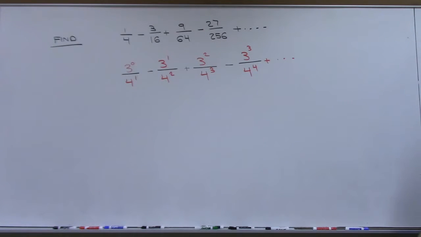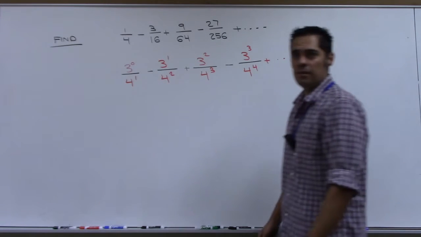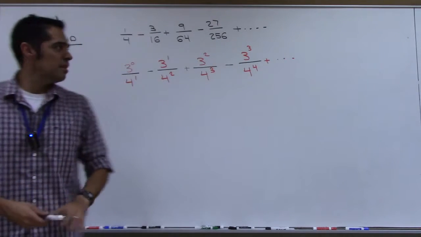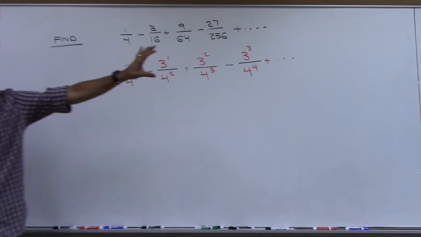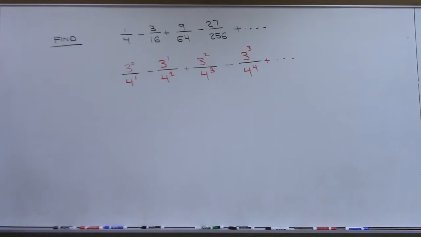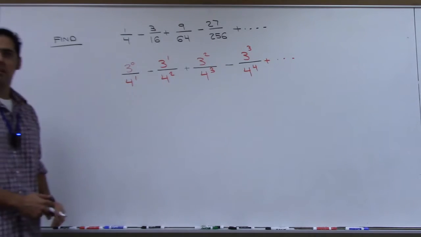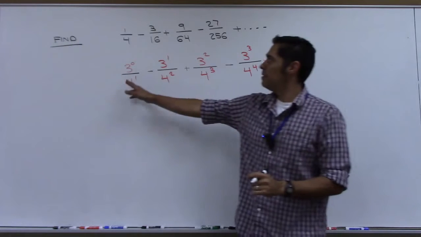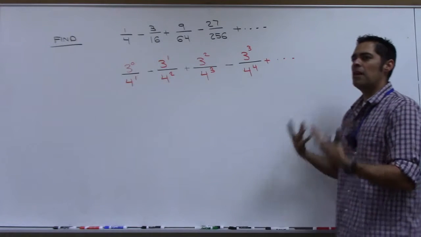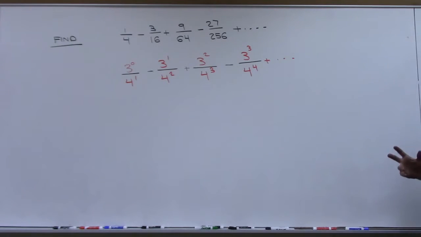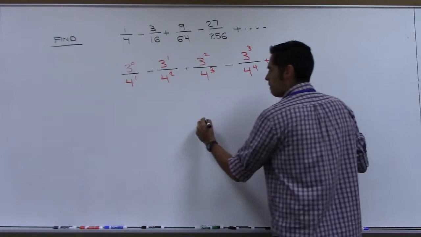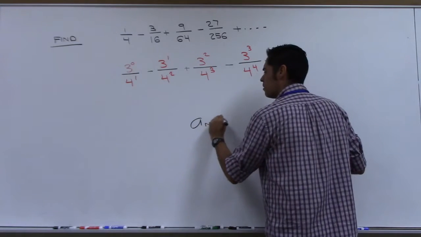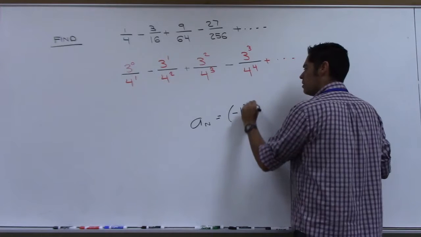So how do we create that series? What sequence would generate those numbers? What should you look at first? The alternating part first? It's alternating, and it's starting with what? Positive, then negative, then positive, then negative. How do we create a sequence that's going to alternate starting with positive 1? It's negative 1 to the n plus 1.